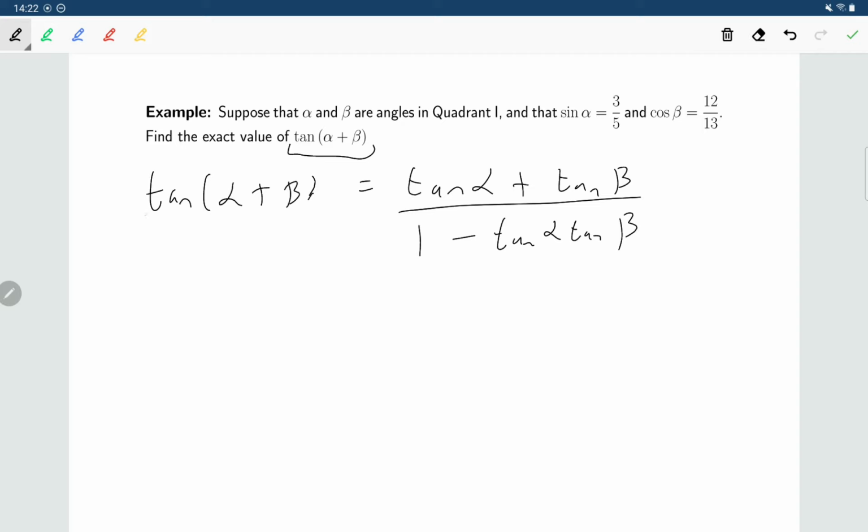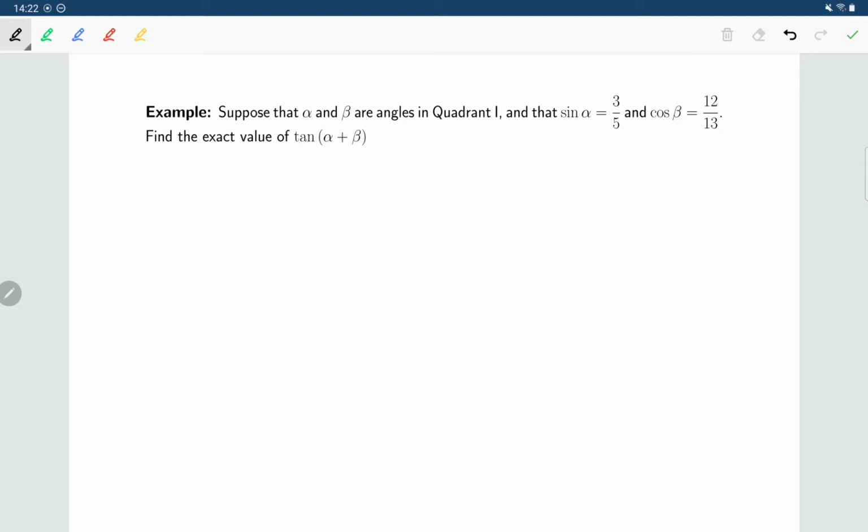So before we can find the value of tangent of alpha plus beta, we'll need to know the values of tangent of alpha and also tangent of beta. So that's sort of my plan here. I'm going to start by first finding tangent alpha and finding tangent beta, and then once I've done that, then I can go on and find tangent of alpha plus beta.